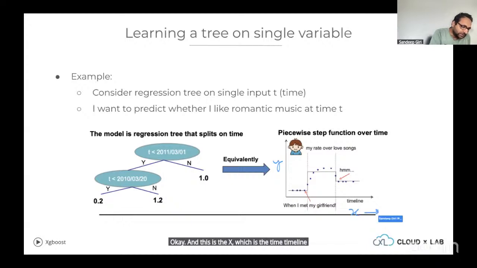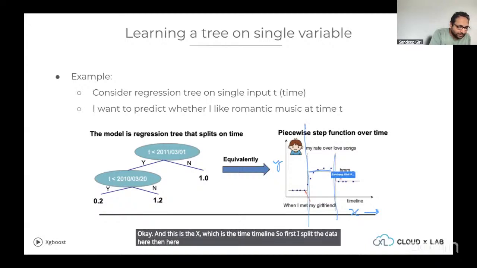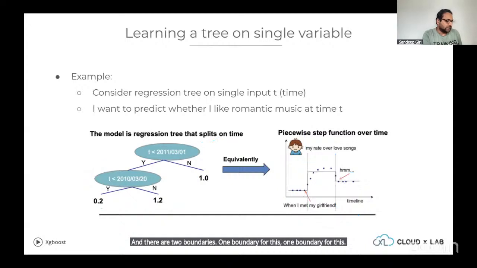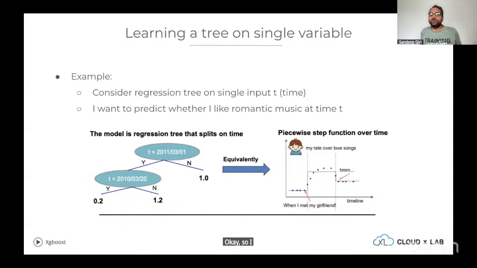First I split the data here, then here, and this is the value in the leaves. There are three leaves, one, two, three. These are the three values. And there are two boundaries, one for this, one for this. I hope that tree is clear to everyone.